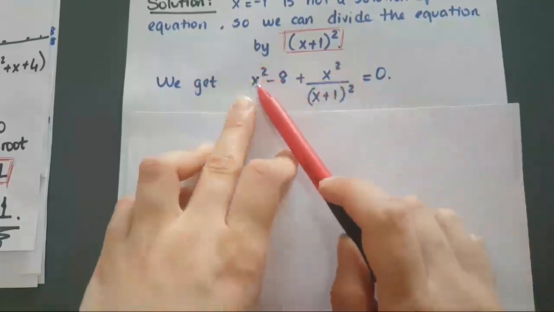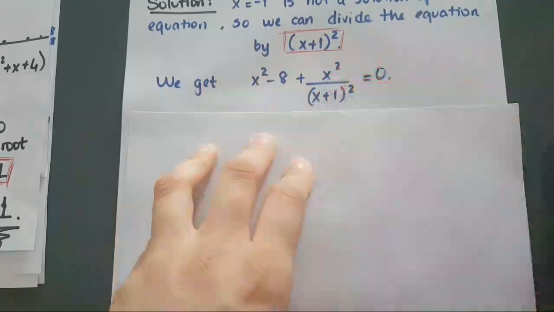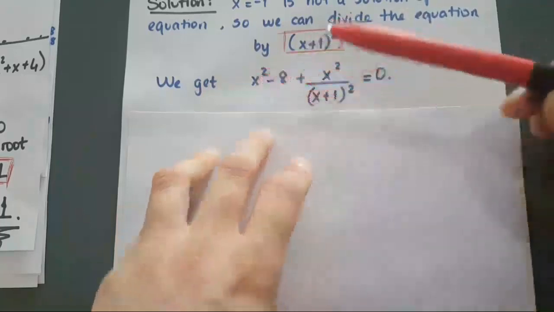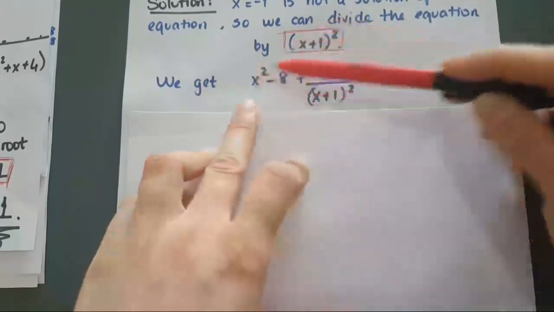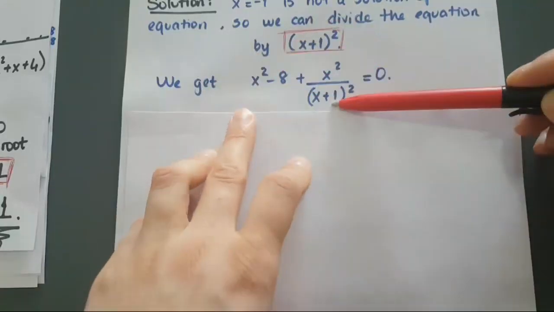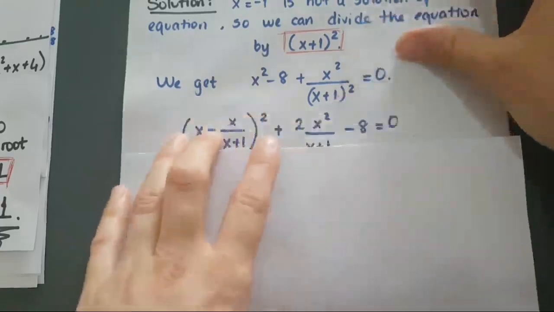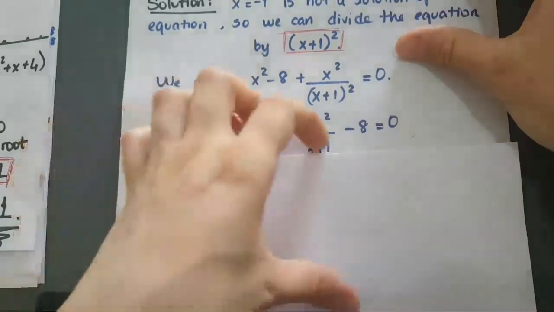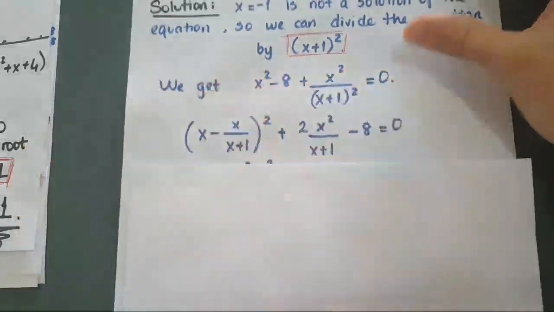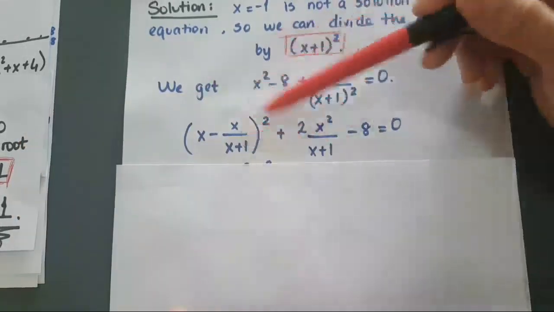You see, I have square of x and I have square of x over x plus 1. Is it perfect square of x plus or minus x over x plus 1? It is not, but I will try to write it in terms of x minus x over x plus 1 squared.